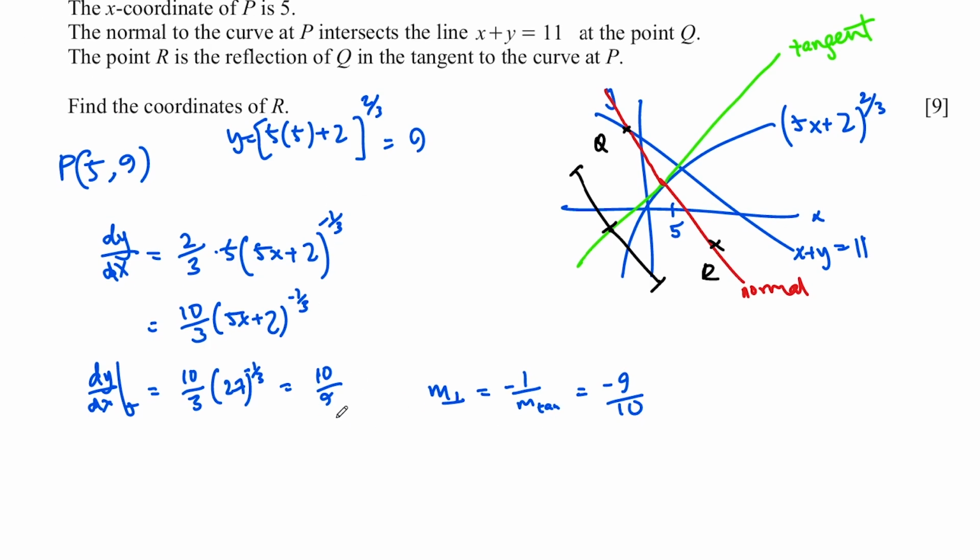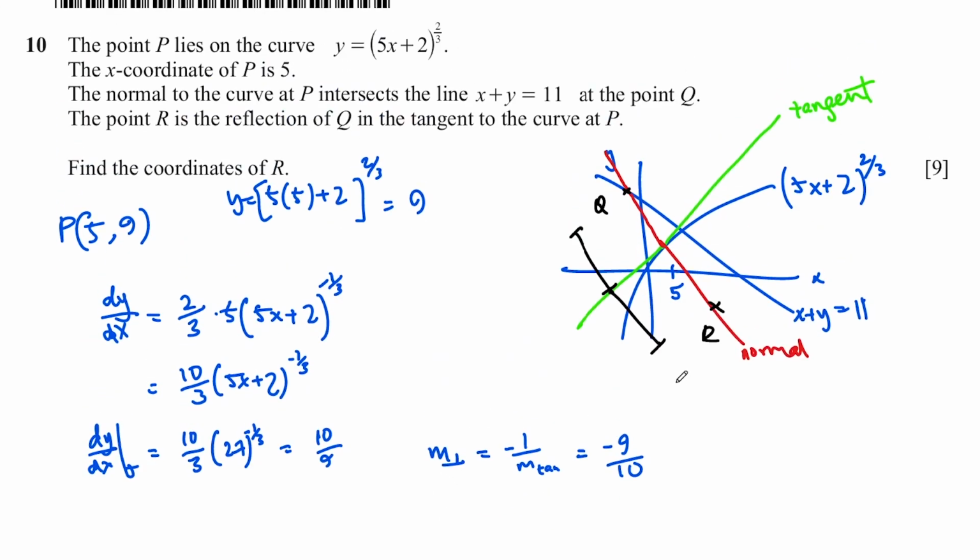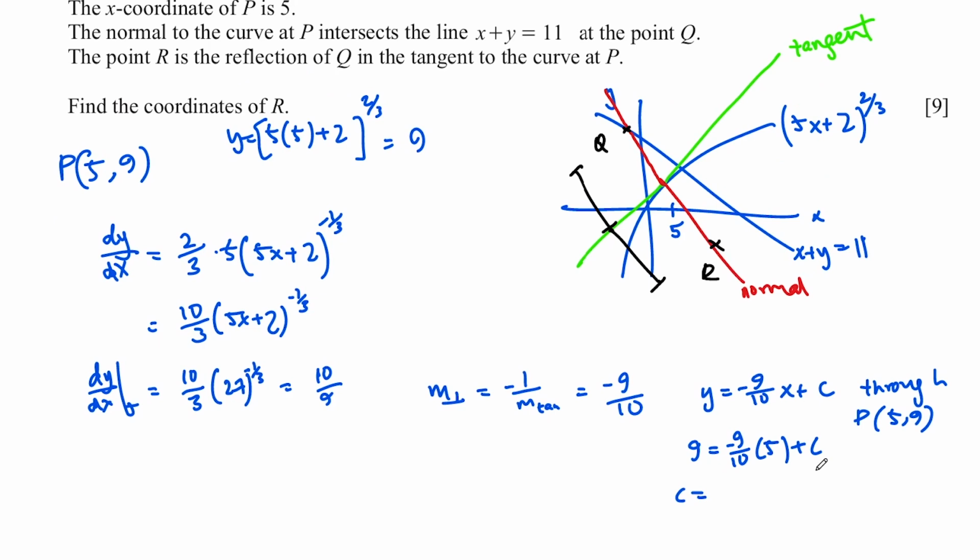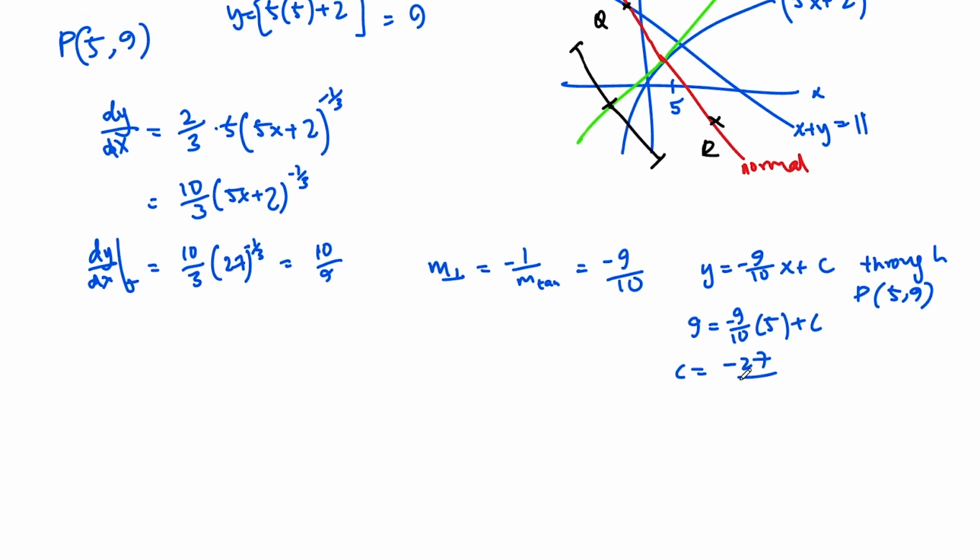This is our gradient of the normal line, and it will pass through the point P, so we are able to find our C or y-intercept value through P (5, 9). So the C value will be positive 27 over 2.